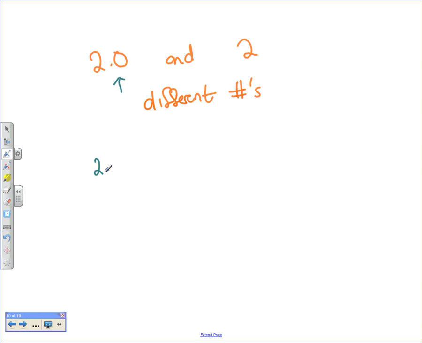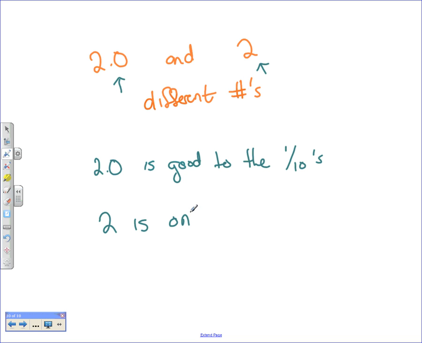Okay, 2.0 is good to the tenths. Whereas 2, okay, there's nothing about tenths or hundredths indicated in the number, so it's only good to the ones spot.